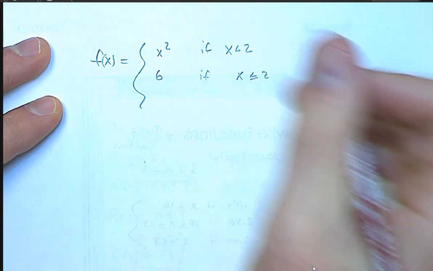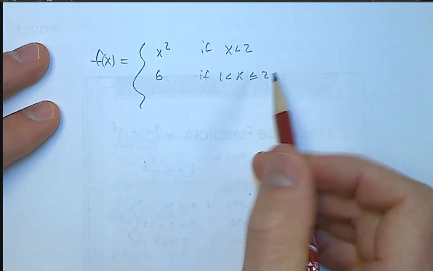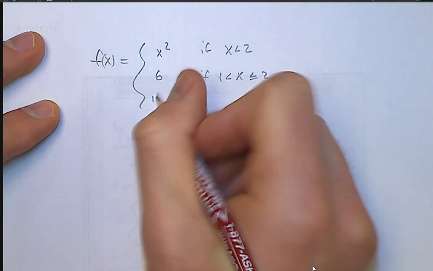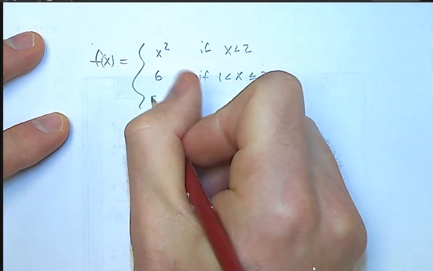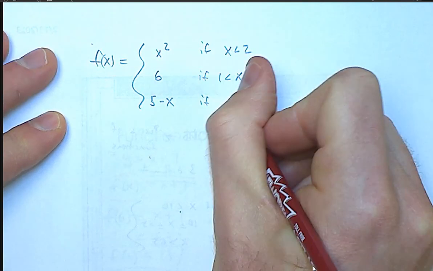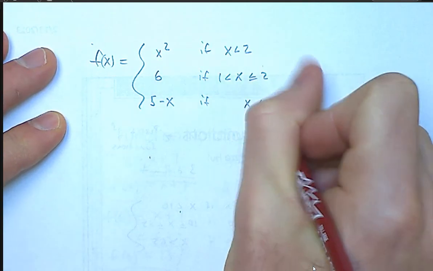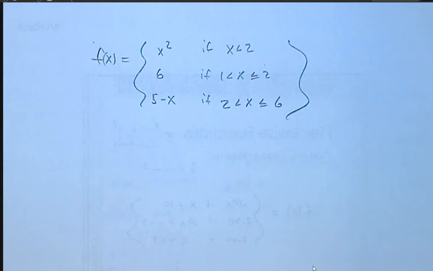So we'll say x is greater than 1 but less than or equal to 2. And we'll write something like this. Let's go 5 minus x if x is between 6 and 2. Okay? So there's our piecewise function. You have to graph that. Go ahead and hit pause and try.